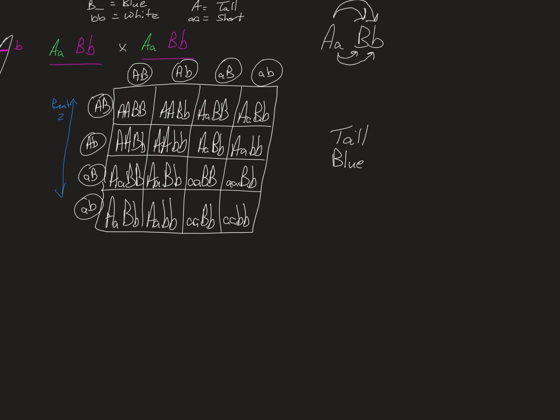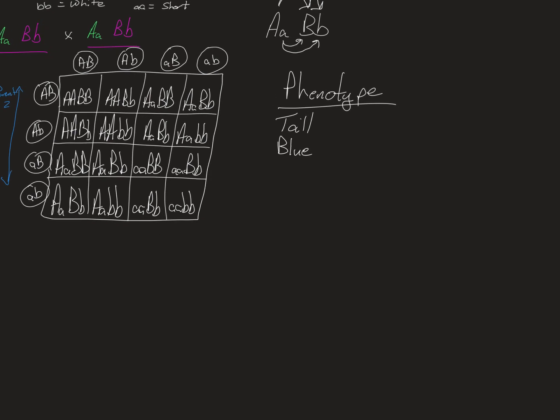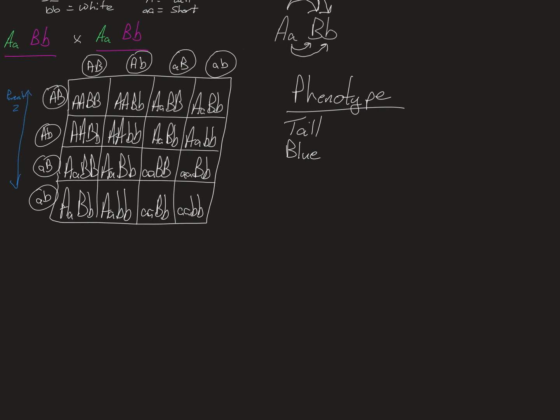And let's be clear, because some people don't know this, and they're not going to say it, but they don't know it. We're all embarrassed when we don't understand something, so I understand that. But this is a phenotype. Tall and blue is one possibility. What's another possibility? I can have short and blue.